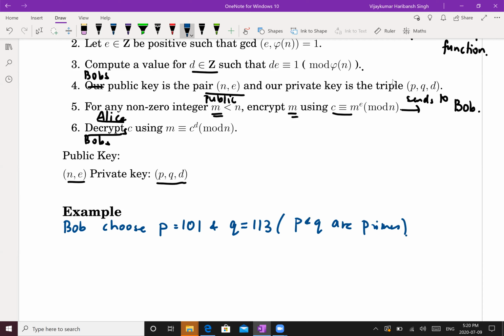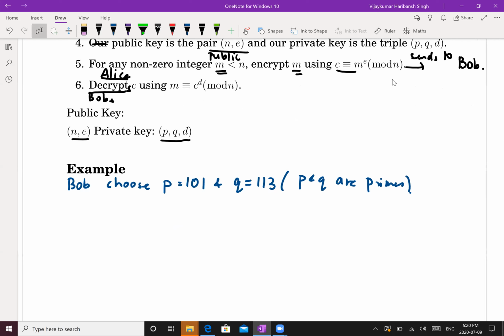This is of course an insecure example. If you work with these, they can be quickly broken. So you need really large primes.